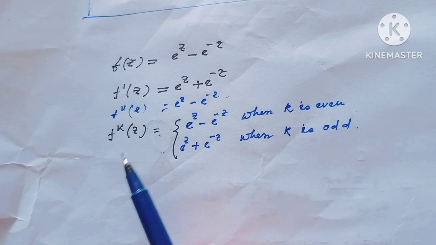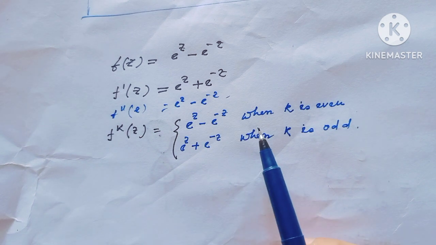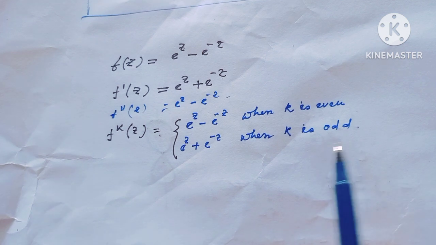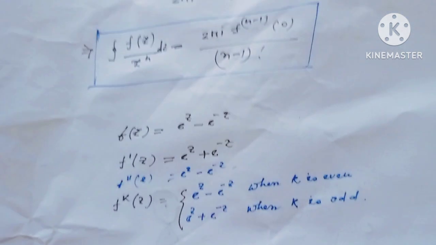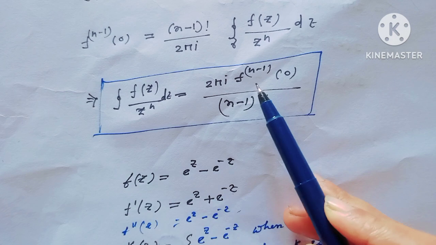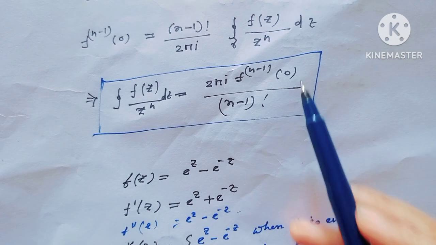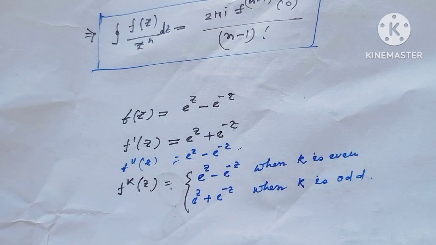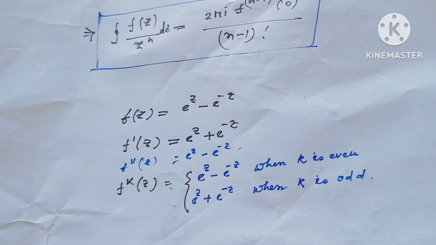That means f to the power k of z would be e to the power z minus e to the power minus z when k is even, and when k is odd then the value would be e to the power z plus e to the power minus z. That means the evaluation of f to the power n minus 1 at the point 0, when k is even this value would be 0, and when k is odd then this value would be 2.